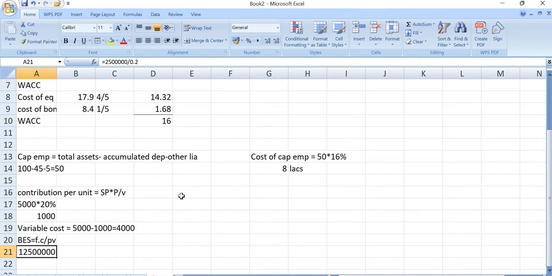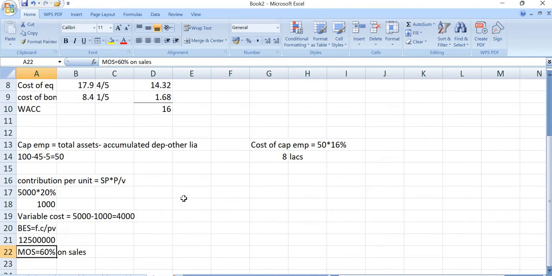That is the question we are getting again. So here they have given margin of safety. So I'm using that formula. So margin of safety is, they have mentioned 60 percentage. That is usually this percentage will be calculated on sales. So if margin of safety is 60%, it is sales only they will be mentioning. So base will be sales.